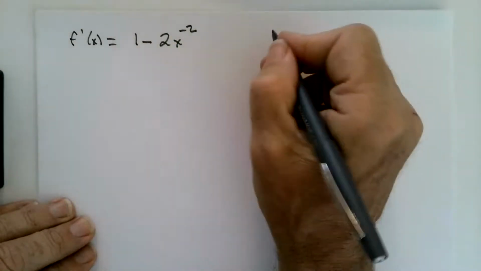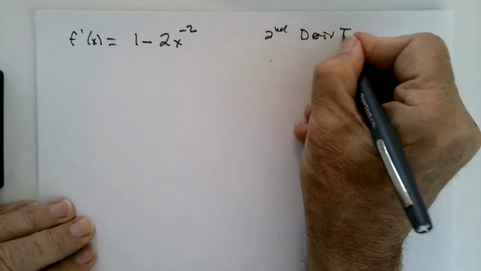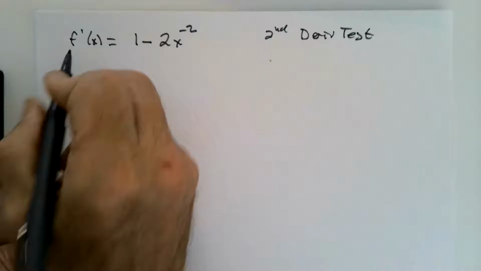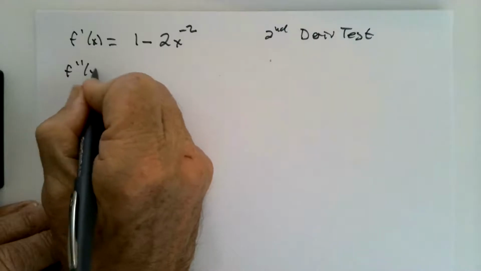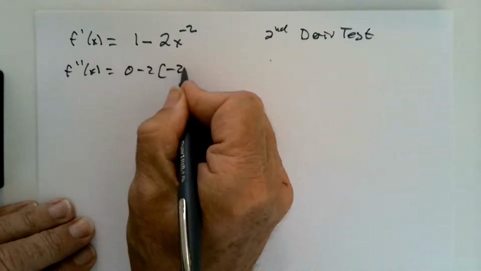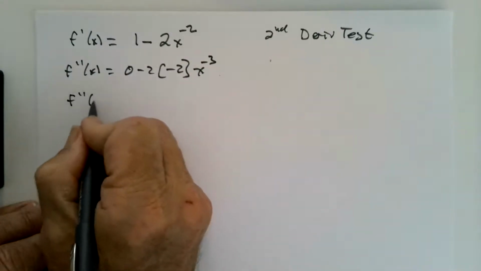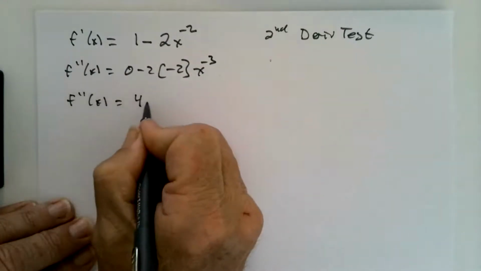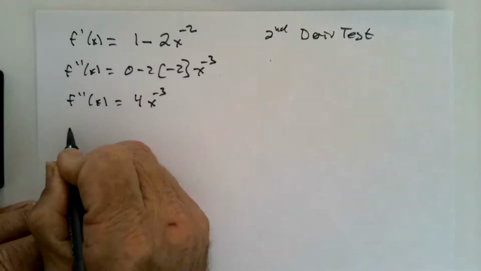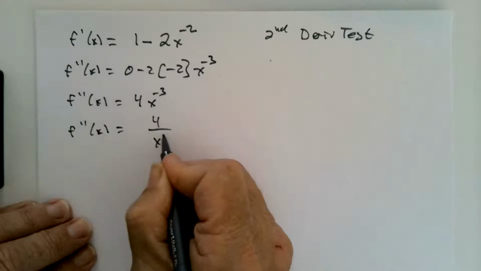Let me go ahead and appeal to the second derivative test. If I appeal to the second derivative test, f double prime of x, the derivative of 1 is 0 minus 2 times negative 2 x to the negative 3. f double prime of x is 4x to the negative 3. f double prime of x is 4 over x cubed.